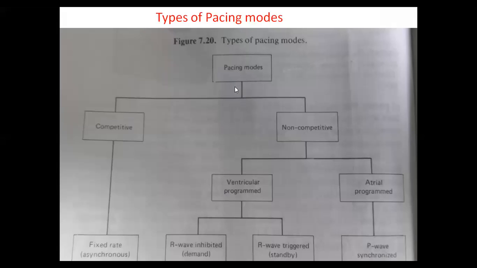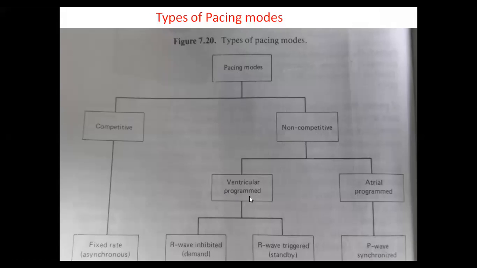The pacemakers are classified based upon the type of pacing modes we apply: competitive and non-competitive methods. The non-competitive pacing modes are classified as ventricular programmed and atrial programmed.